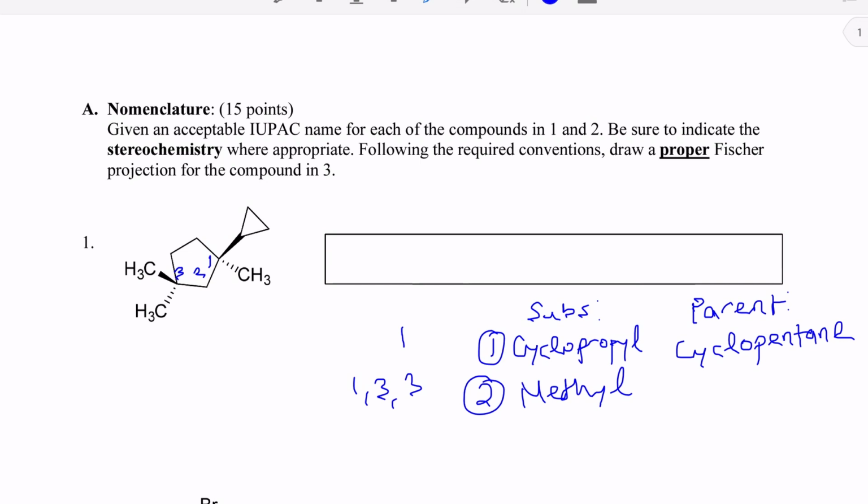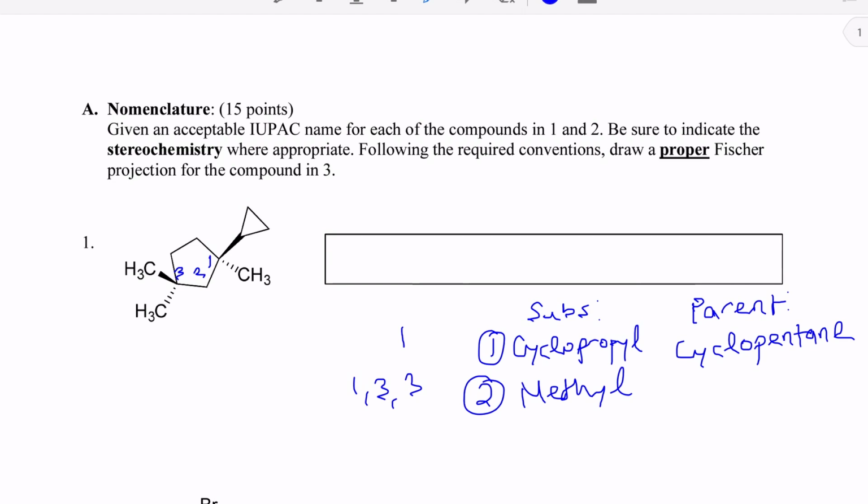But now the question indicates that we have to mention the stereochemistry. Whenever we're talking about stereochemistry, one of the first things that should come to your mind is the idea of a stereocenter. A stereocenter, or a chiral carbon, is a carbon that has 4 different groups attached to it.